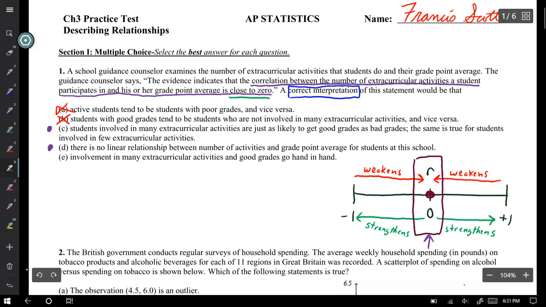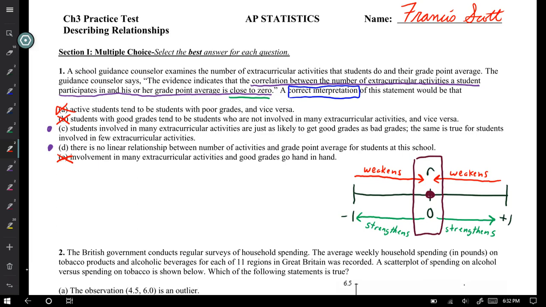And E says involvement in many extracurricular activities and good grades go hand in hand. That sounds too much like cause and effect to me. That's a positive correlation, but you're trying to draw a conclusion from it, and you can't from observations. So it's either C or D.